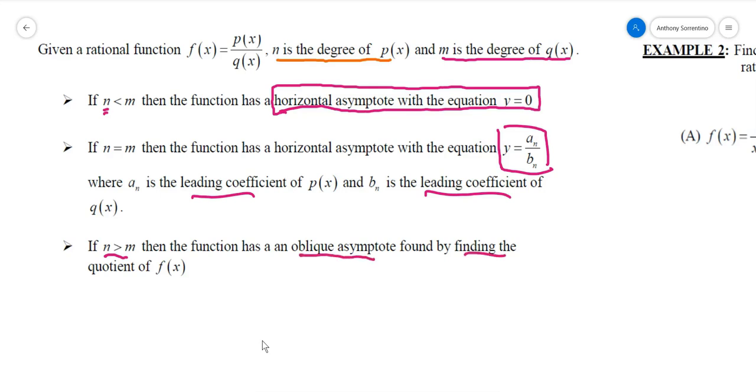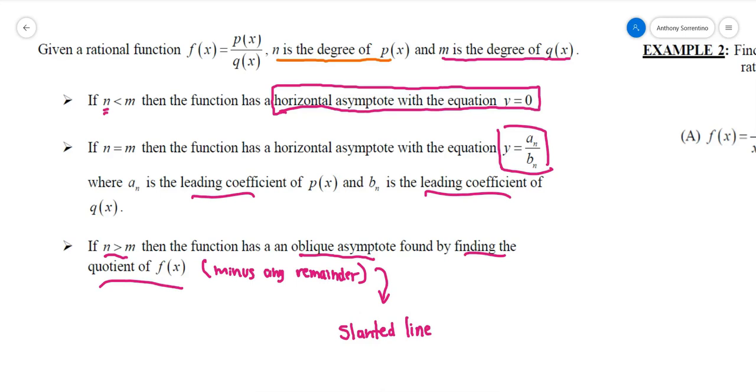found by finding the quotient of f of x, ignoring the remainder. Oblique asymptote simply means, for our purposes in this course, a slanted line. Oblique asymptotes can have many different shapes. They don't have to be linear.